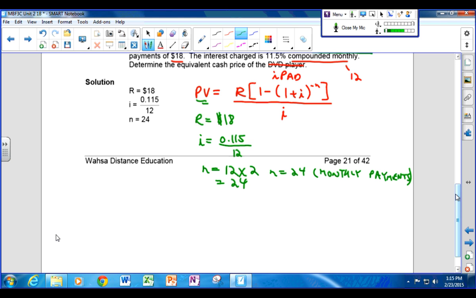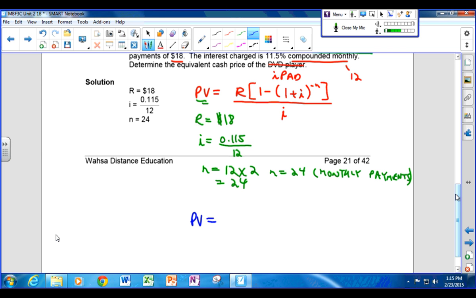I'm going to switch to blue here, and so our PV then. Our PV is how much would we have to pay for the iPad now to give an equivalent value for making the payments over time and paying interest on it.